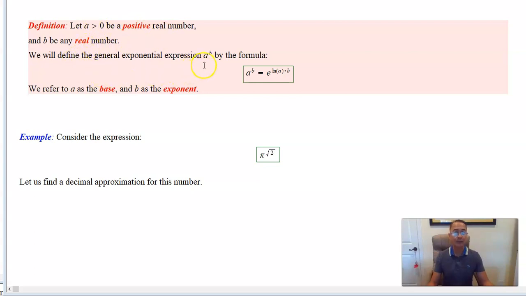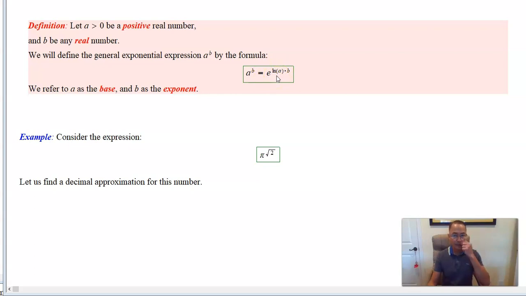We will define the expression a to the b, which we will call a general exponential expression, using the formula a to the b equals e to the power ln of a times b. Take the ln of the base a, multiply by the exponent b, and that will be the input to the function e to the x.